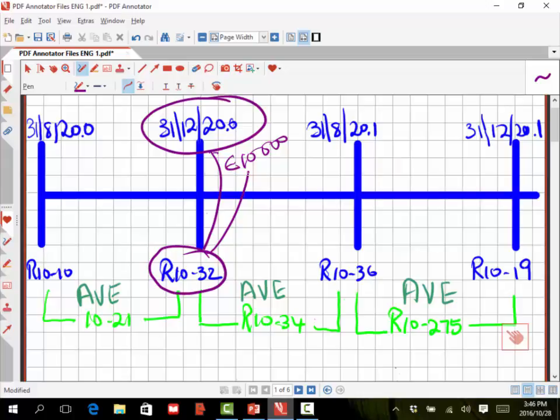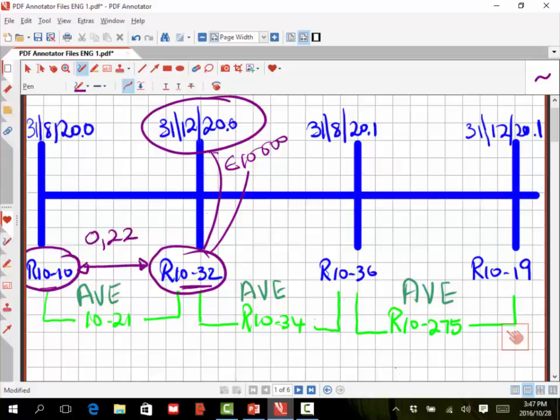But to calculate the adjustment, because we already have our first journal, we can just take the difference between the two exchange rates. So we say 1032 minus 1010, and that difference is 22 cents.